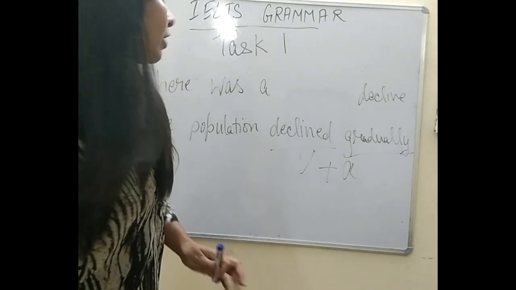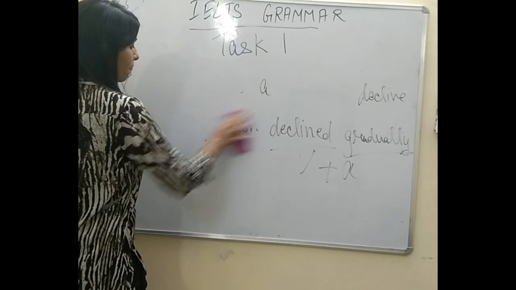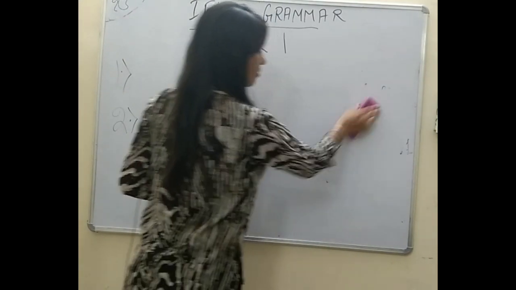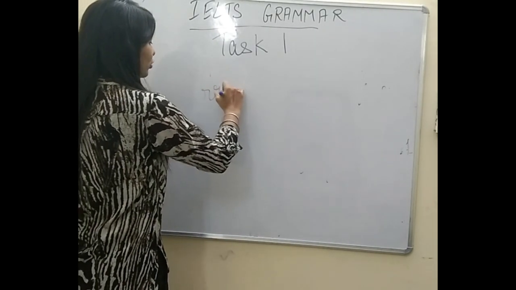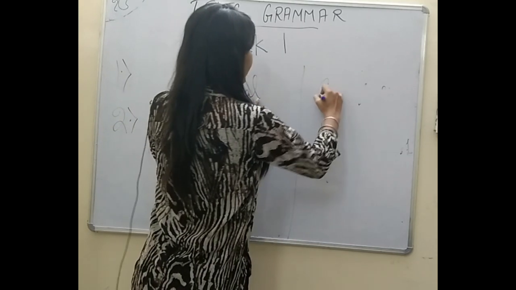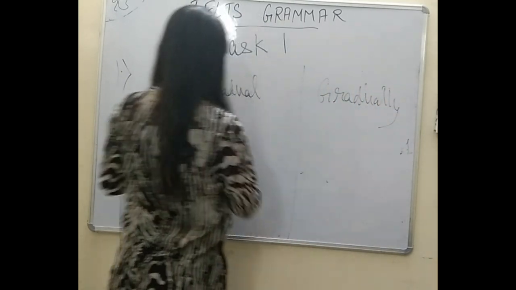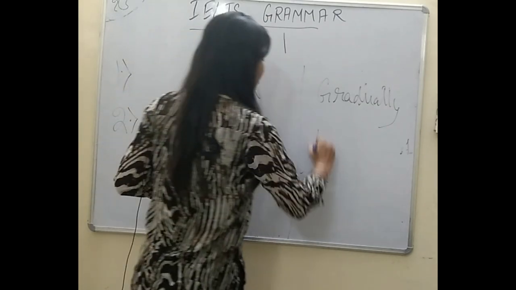If you are not aware of adjectives and adverbs, this is the adjective gradual. If I am adding ly to it, then it will become the adverb gradually. Rapid is an adjective.